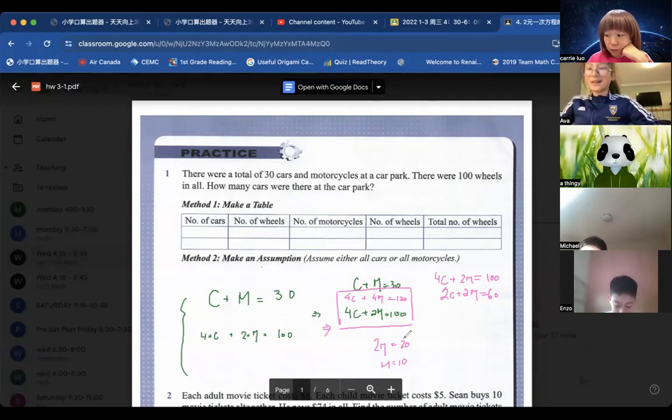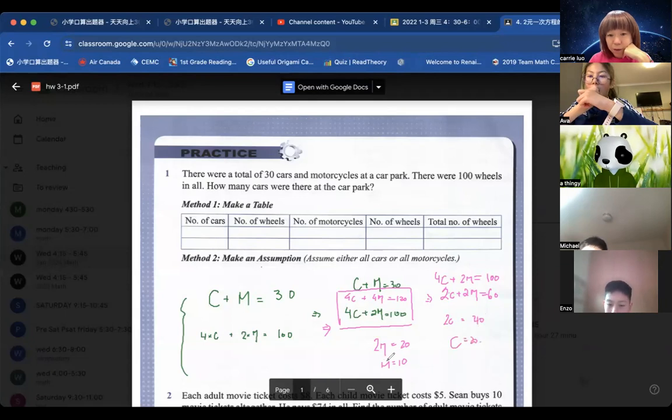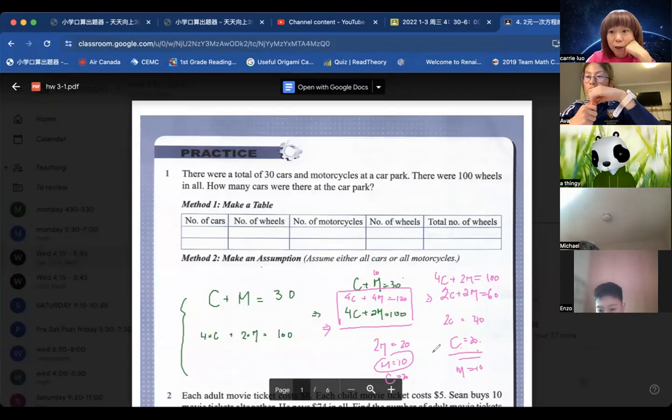Okay, if you're using the other way around, 4C minus 2C equals 2C, and 2M minus 2M equals no M, 100 minus 60 equals 40, so C equals 20. When you have M equals 10, you can put M back into equation 1, so C plus 10 equals 30, so C equals 20, right? And when you have this one, you can plug it into equation 1 as well. C equals 20, and so M equals 10. Got it?